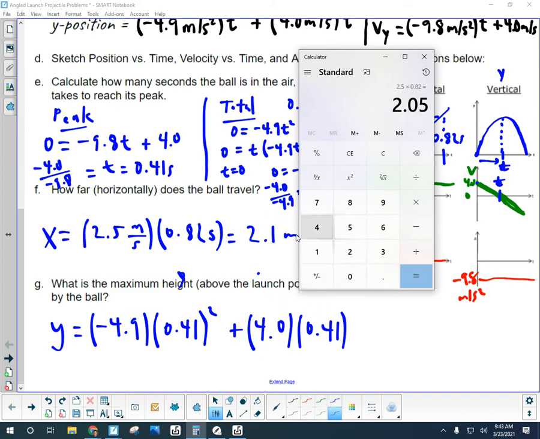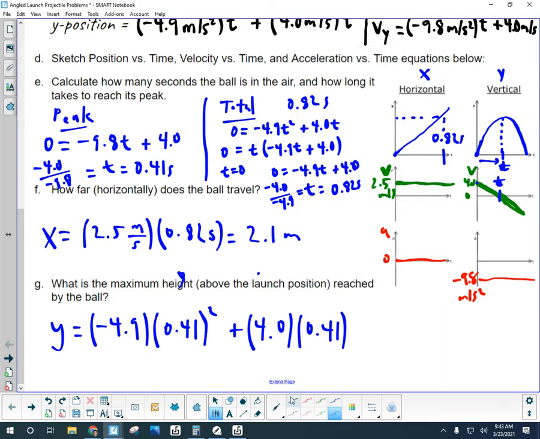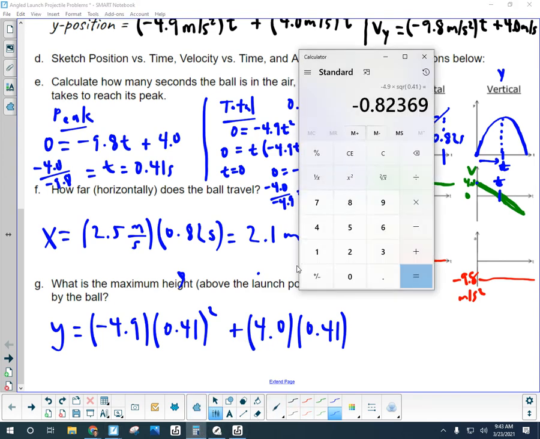So let me take negative 4.9 times 0.41 squared equals, so this comes out to be negative 0.82, that would be meters.